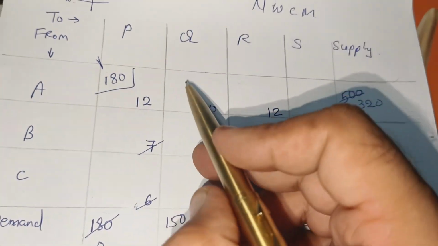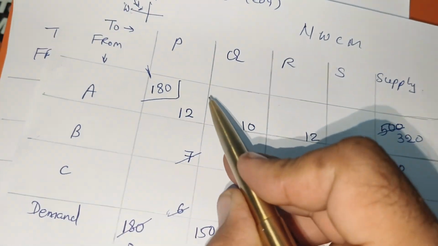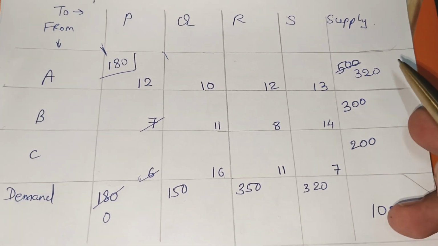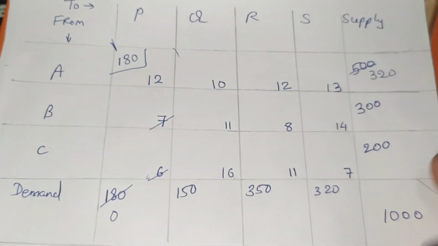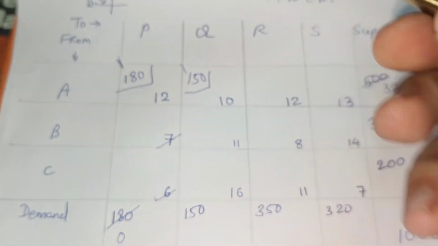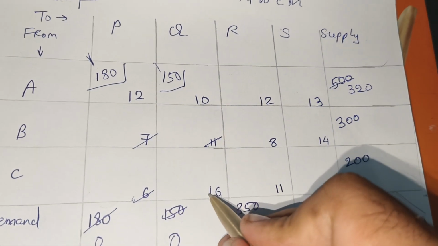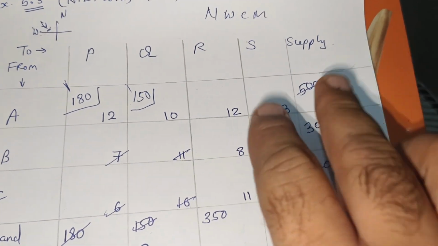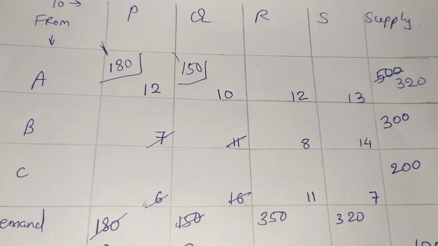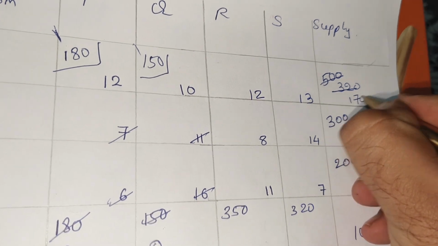Now see again, once this row has been closed out, the northwest corner for Q is this corner. Now allocate here 150 and 320. Allocate the minimum value, that is 150. Here it would be again 0. You cannot allocate to the others. And subtract 150 from 320 because you are supplying this. It will give me 170 here. So just write 170.